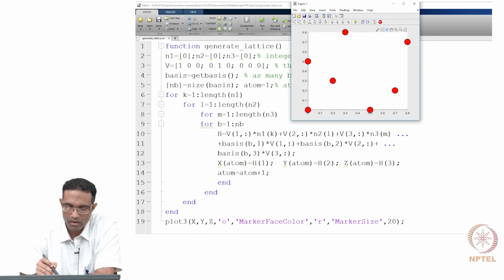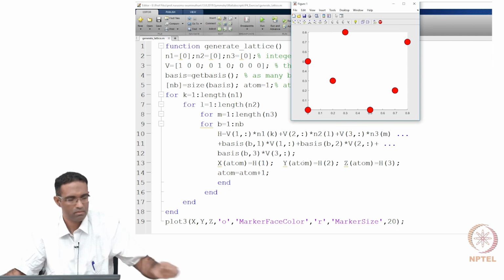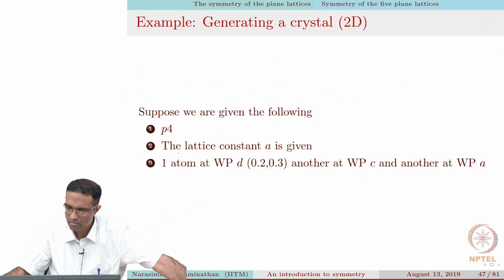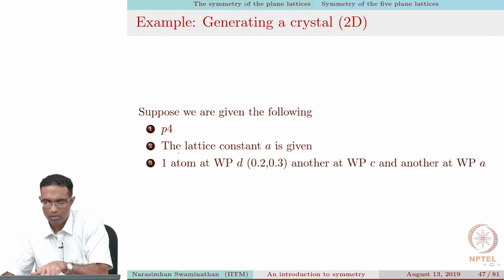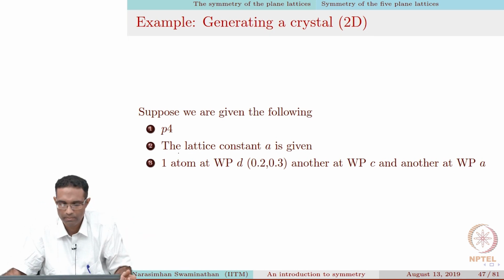So this was the point that was actually given to us, 0 comma 0 was given to us, right? One point at position 4a, I think. Yeah, 1 point, 0 comma 0 I gave you, right? Yeah, 1 point at Bilbao position C, another point at Bilbao position A. Bilbao position A means what? There is only 1 point, 0 comma 0, that's it.